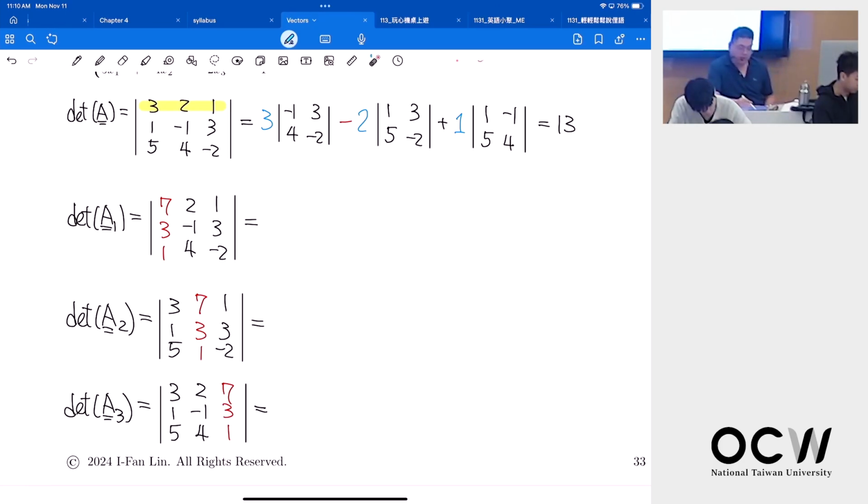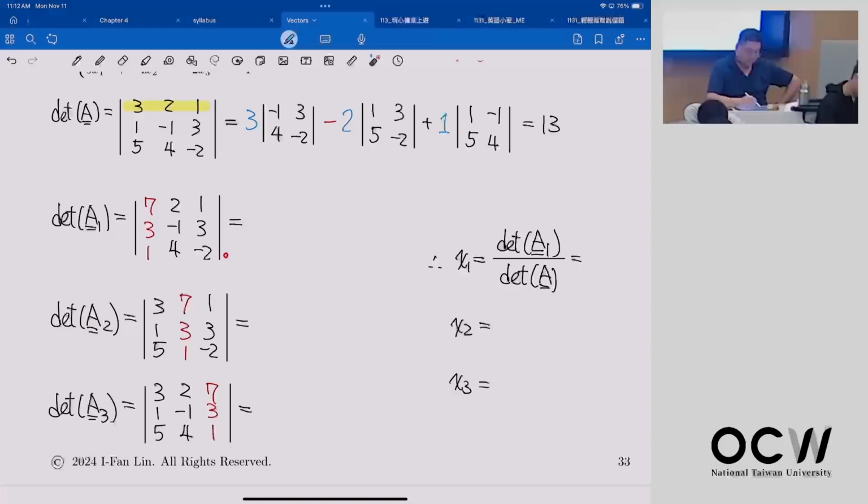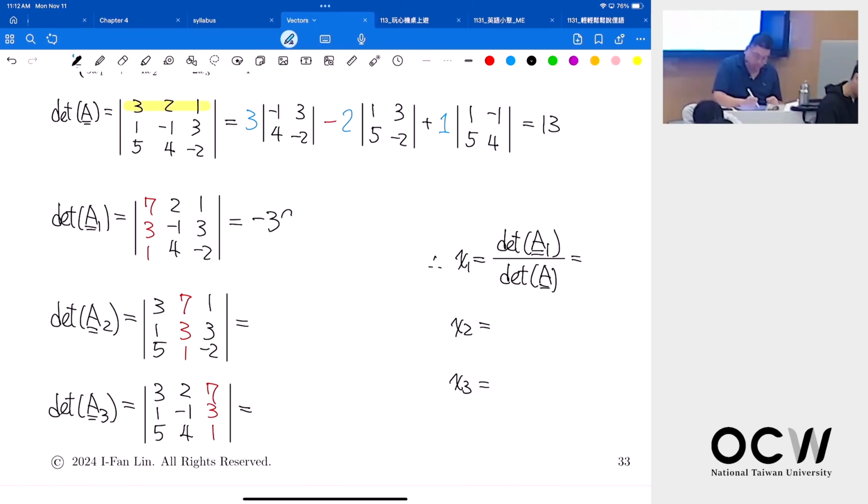Okay, please find these three determinants. If you find the answer, just shout it out. Say that determinant A1 is, or determinant A2 is. What is determinant A1? Minus 3, 9. A2?